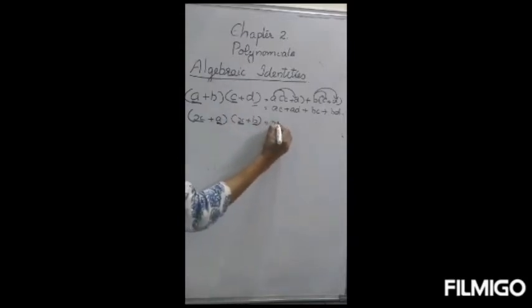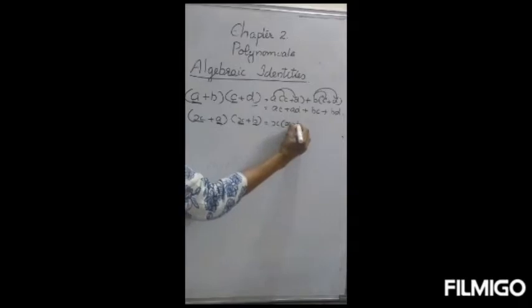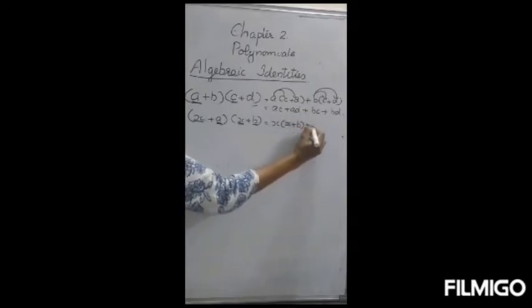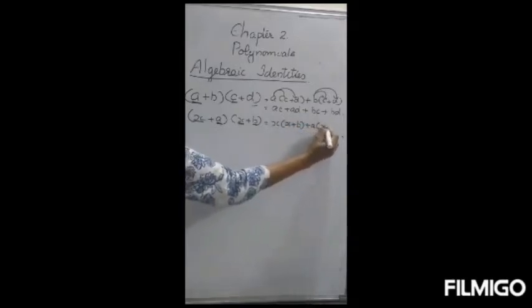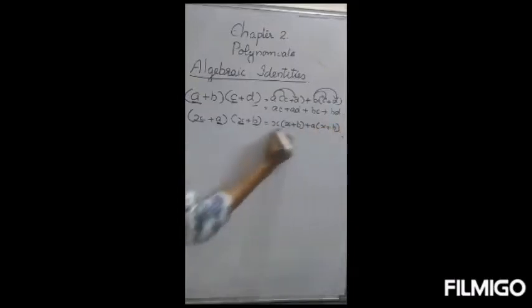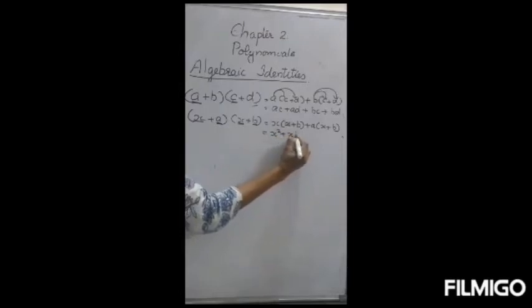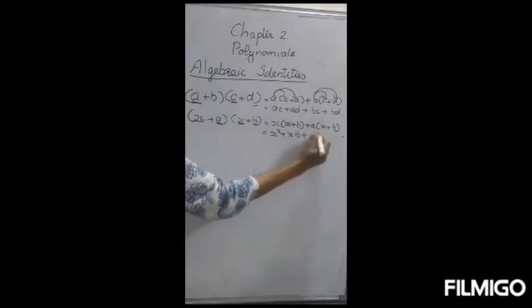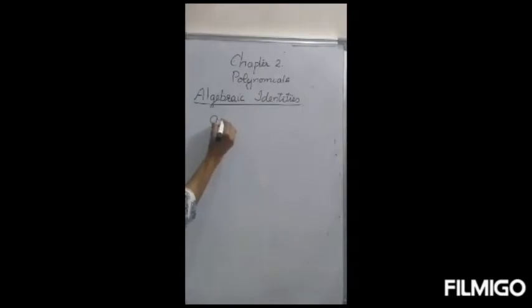That is x into (x plus b) plus a into (x plus b). That is, x into x is x square plus x into (b plus a).